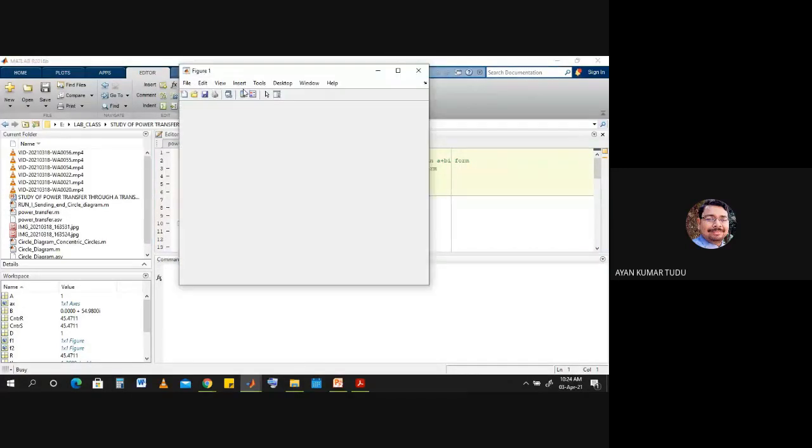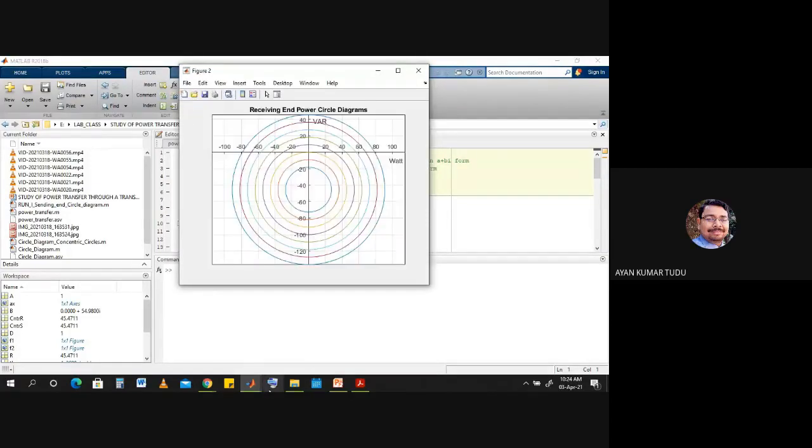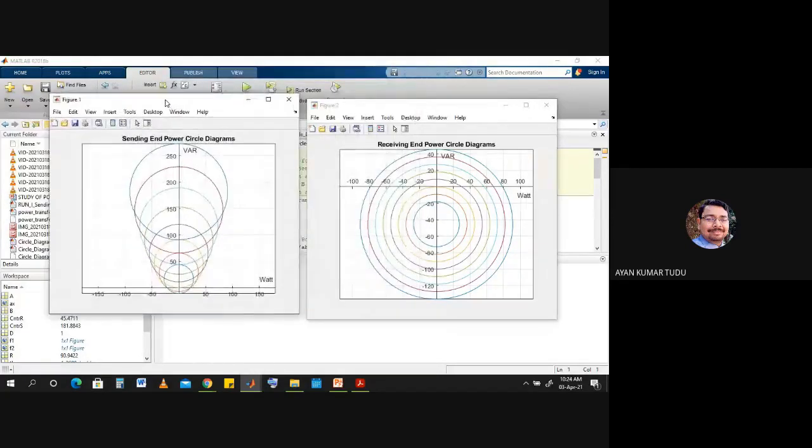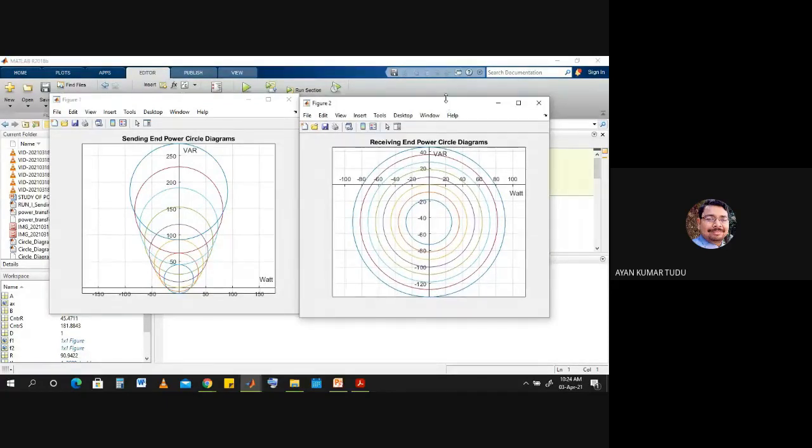Okay, so this is the sending end power circle diagram, and this is the receiving end power circle diagram. In the sending end power circle diagram, the radius and the center are changing, and that's why we are getting this type of circles. Whereas we are getting consecutive circles for the receiving end power circle diagram. Why? Because the center is fixed, but the radius is changing. Understood?